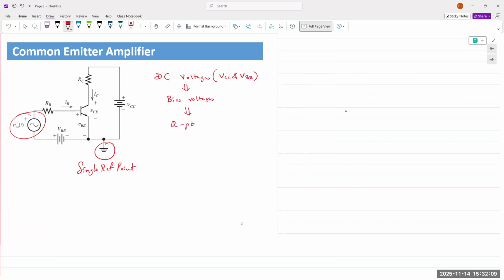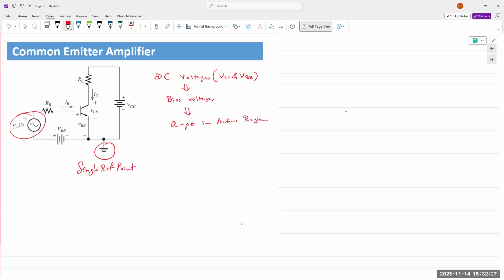So the Q point is fixed in the active region. If it's in cutoff or saturation, then we are using it for digital or switching.